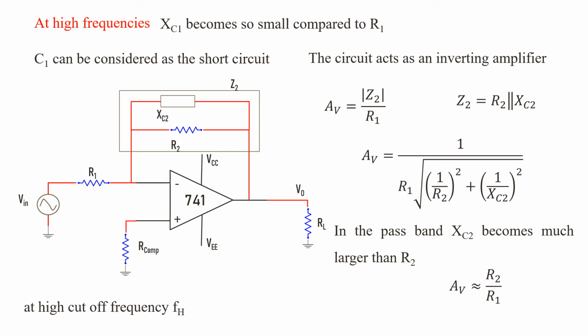Therefore, at the high cutoff frequency FH, Xc2 will be approximately equal to the resistance R2. In this way, we achieve the lower cutoff frequency and higher cutoff frequency using a simple single stage band pass filter.